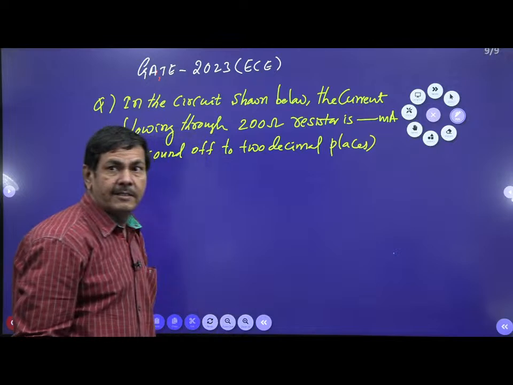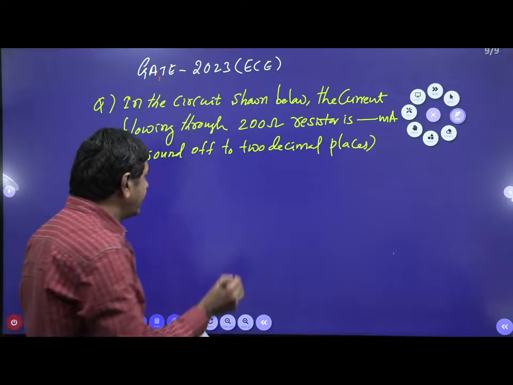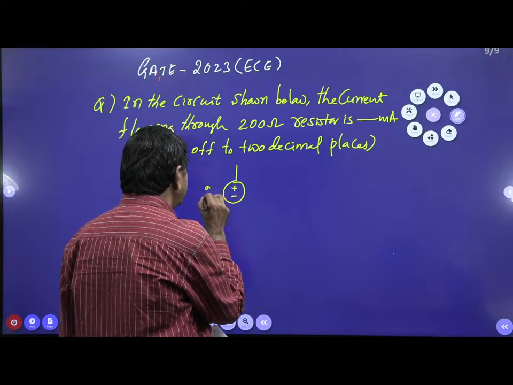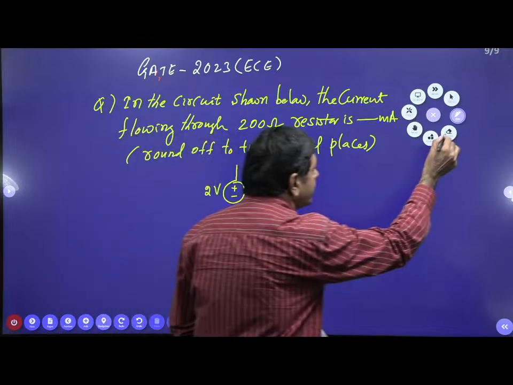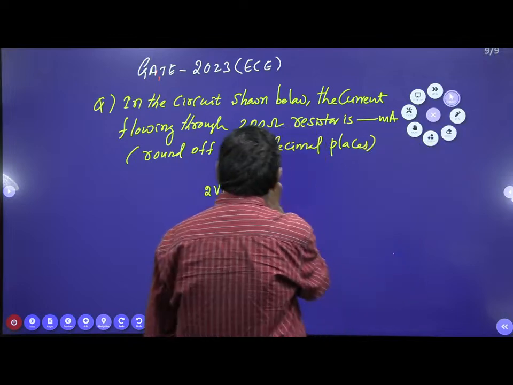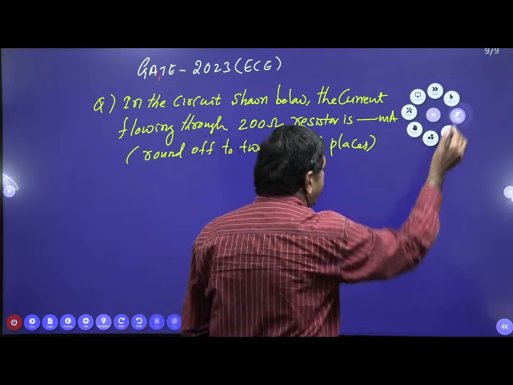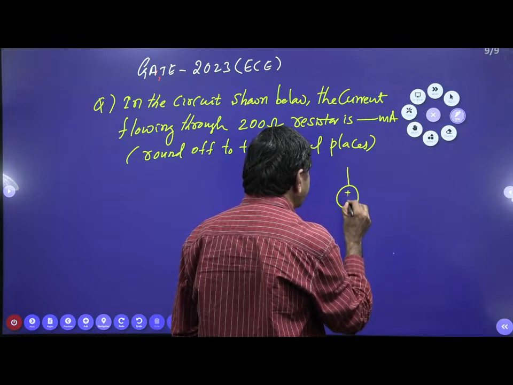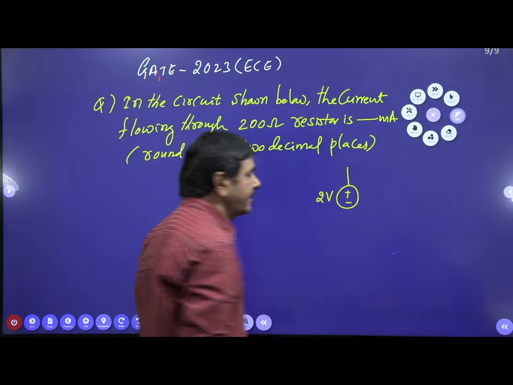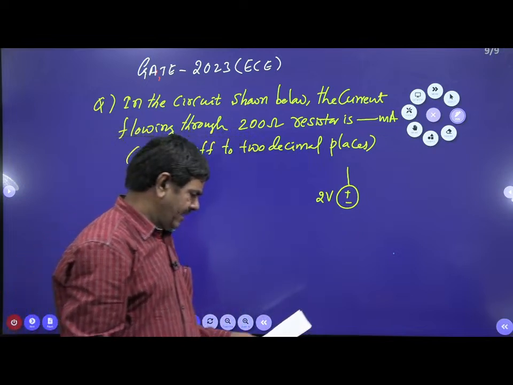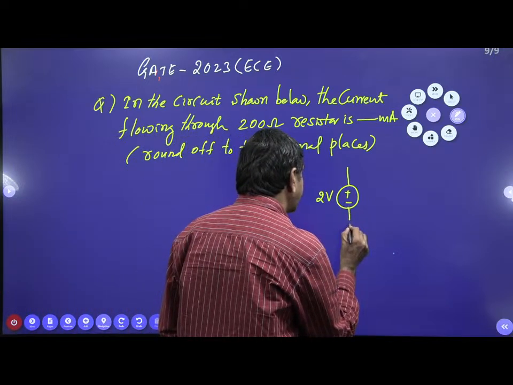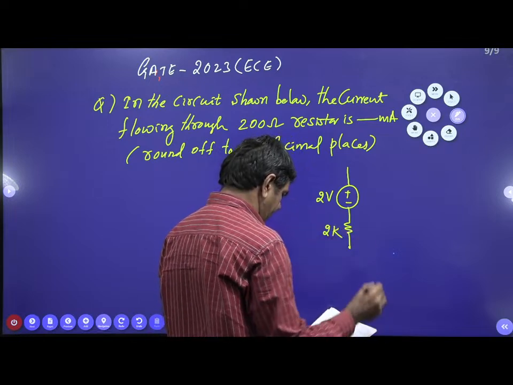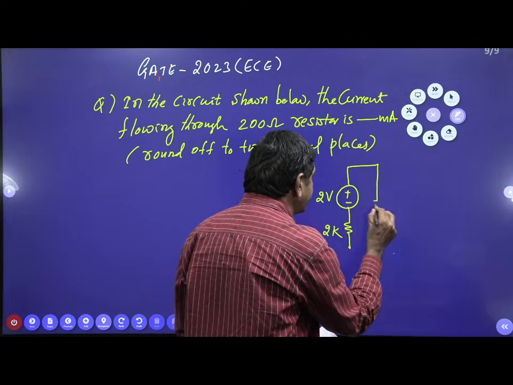And the network given here is: there is a 2 volts battery here. Connected with the 2 volts battery, a 2K resistor is connected here, and on this side a 2K resistor is connected here.